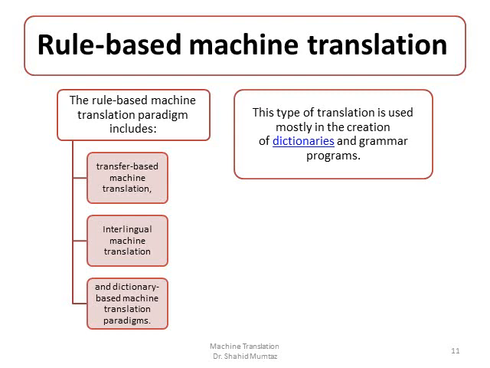The rule-based machine translation paradigm includes number 1, transfer-based machine translation, number 2, interlingual machine translation, and number 3, dictionary-based machine translation. This type of translation, rule-based machine translation, is used mostly in the creation of dictionaries and grammar programs.